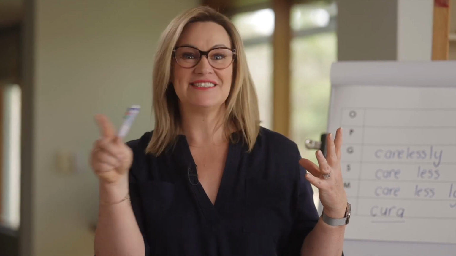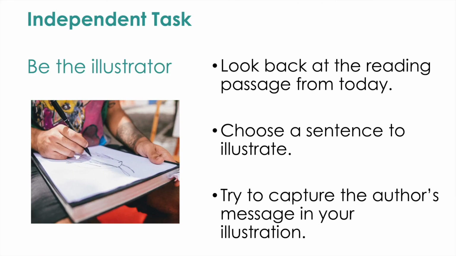That's that other word, sketch. 2 choices. Take a sentence from the reading passage today and illustrate that sentence. Or, if you would like to, you could create a 3D set design of a sentence from the reading passage.